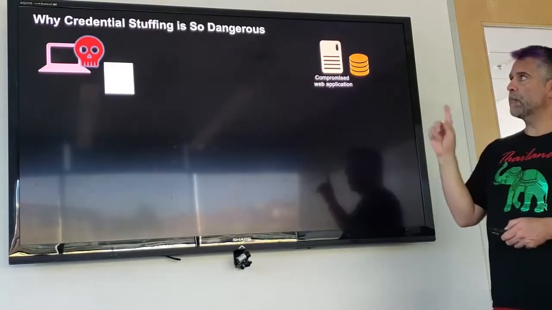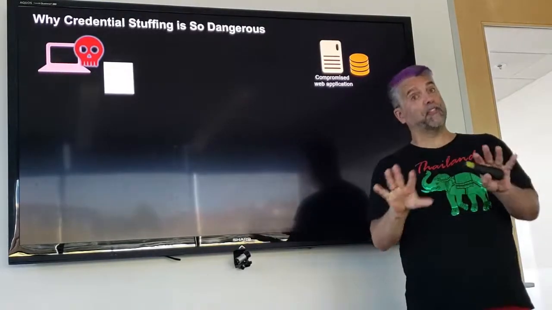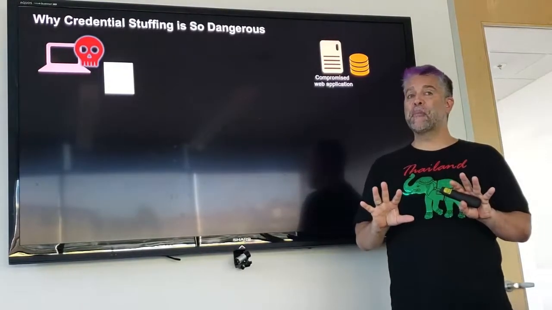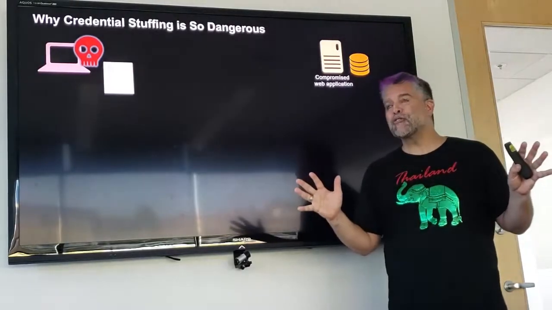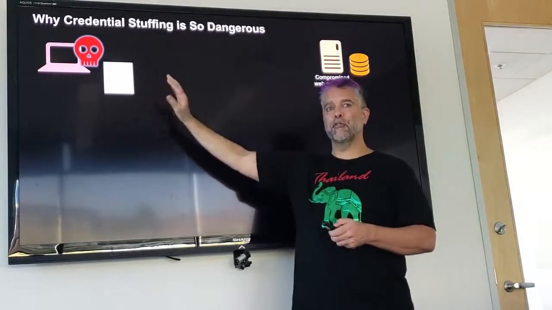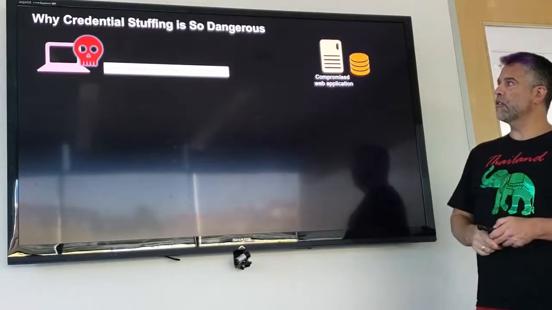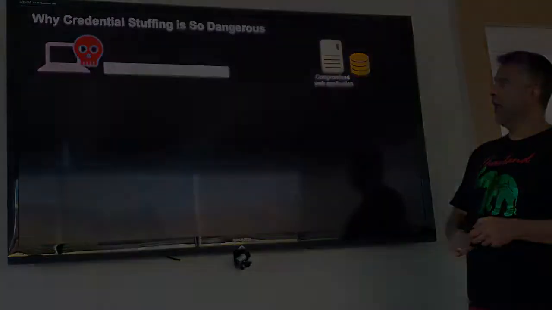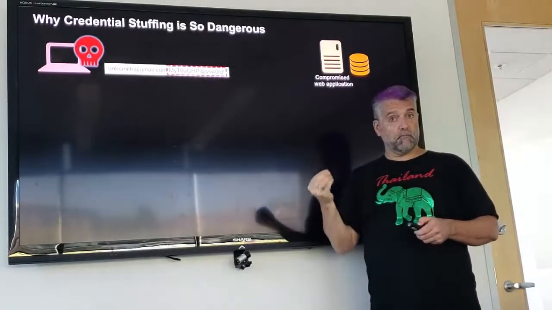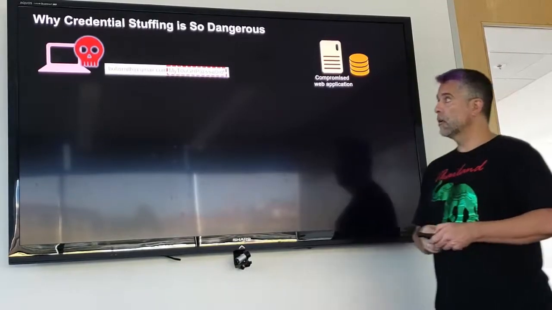Now let's talk about why this is so dangerous. I think it's already clear why this is dangerous, but let's talk about why it's even more so. The malicious user already has the leaked credentials. One of those users is a guy named Bob Smith, and Bob has even followed good standards and has a really good password.